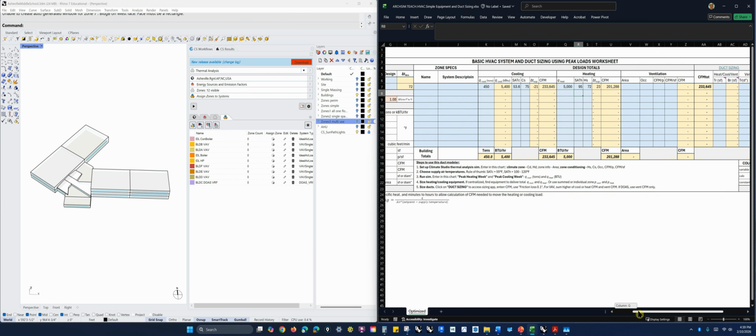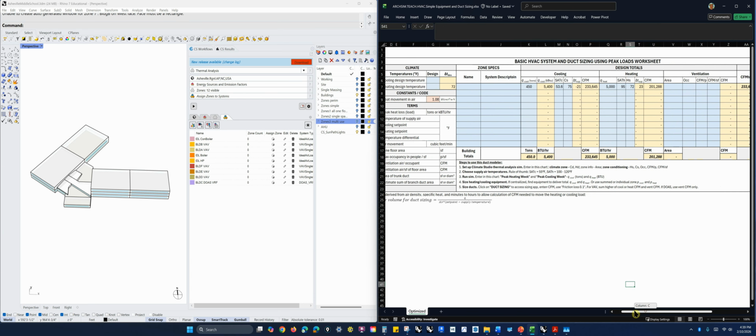Okay, so now we have a total CFM, and this is the reason we have to go through this process. In this case, we have a higher cooling CFM load, and our cooling CFM is the highest.